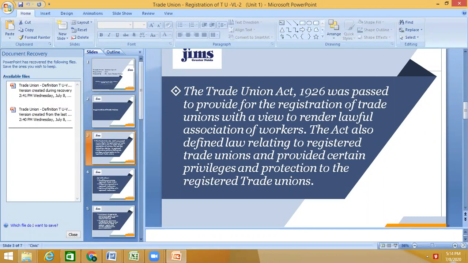The Act also defined law relating to registered trade unions and provided certain privileges and protection to the registered trade unions. Means the trade unions that are registered will avail certain privileges, and the Act will provide some sort of protection to the registered trade unions.